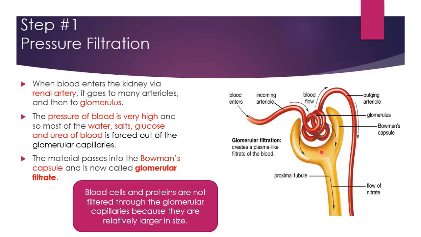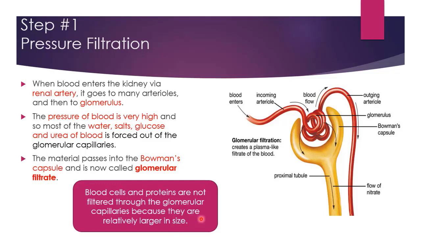Now there is one important thing to understand, that blood cells and proteins are not filtered through the glomerular capillaries because they are relatively larger in size. So it is very clear that capillaries are very small vessels, they can only allow some of the selective or smaller particles to move across them.